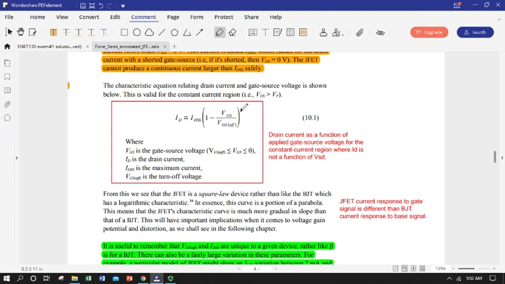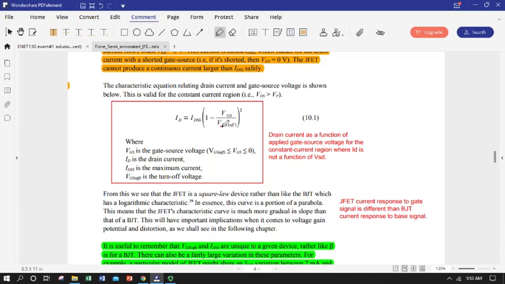And look, it's just a squared relationship of this term. So drain current is equal to max drain current with no throttling times this whole term, which is 1 minus the ratio of whatever gate to source voltage I apply and the gate to source voltage necessary to completely shut the drain current off, all squared.